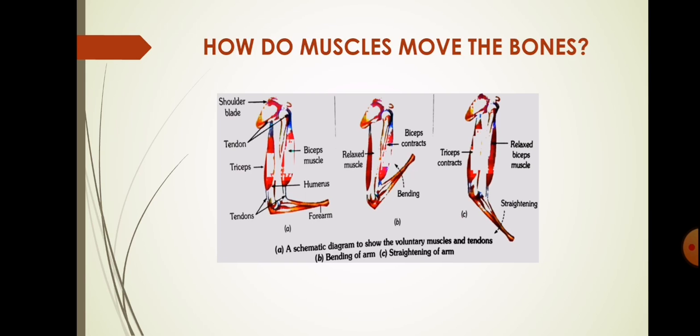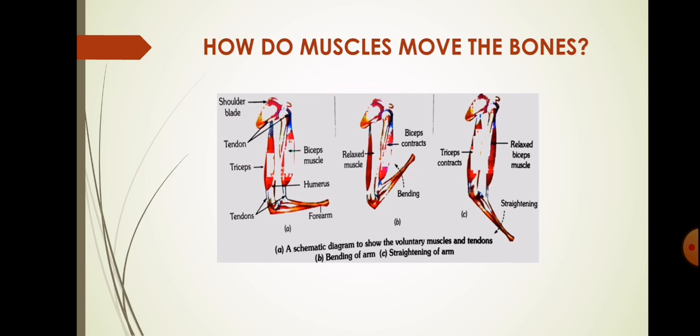Okay, basically if we talk about our arm, when you tighten your fist and bend your arm at the elbow, and if you touch the upper part of your arm, you will be able to feel a swollen region inside your upper arm, and that swollen region is nothing but a muscle.